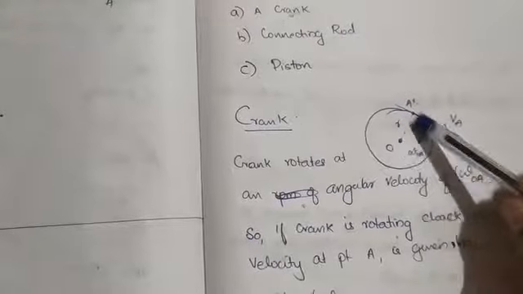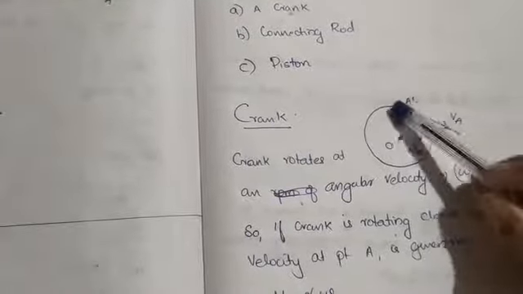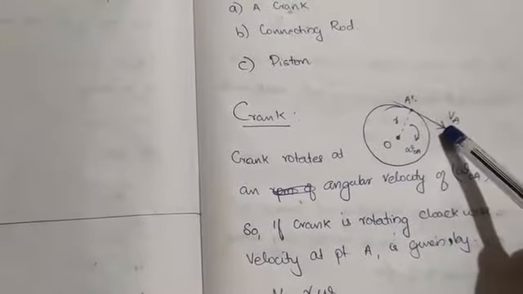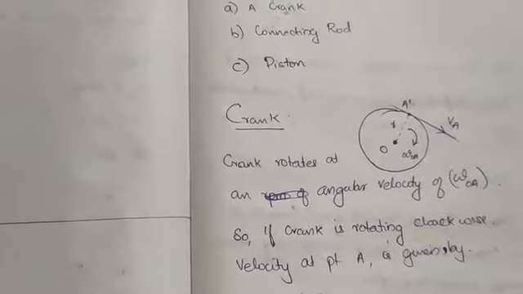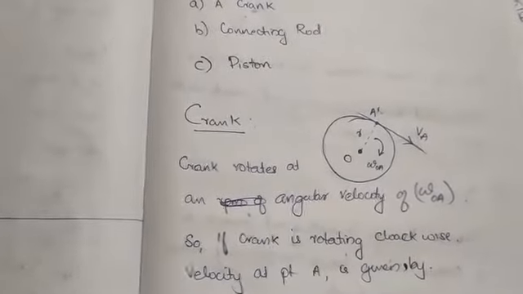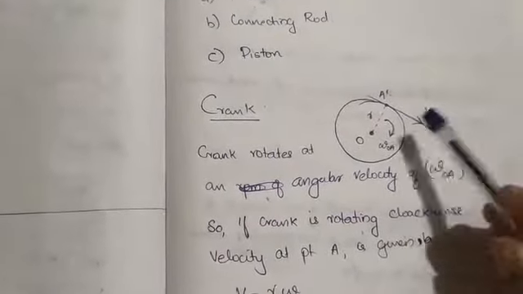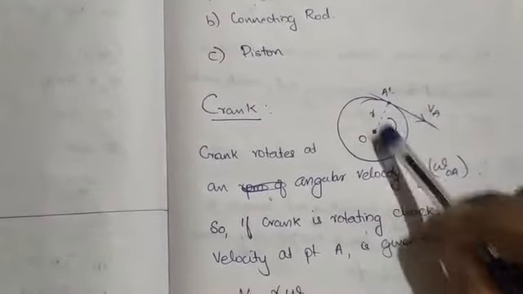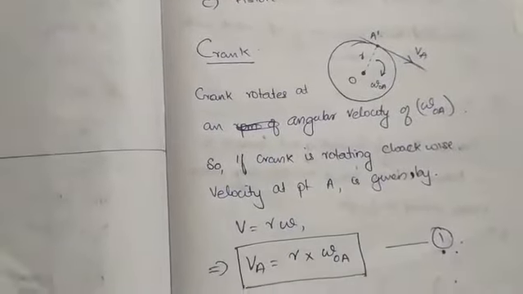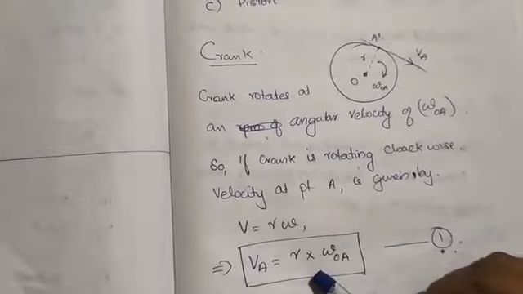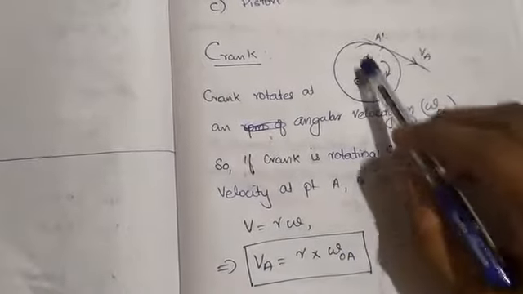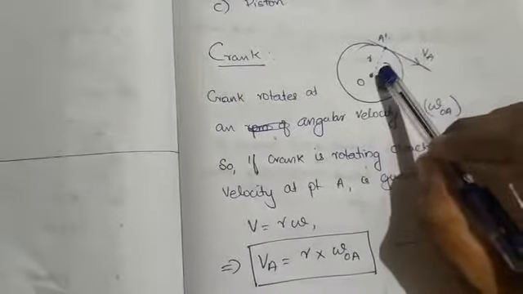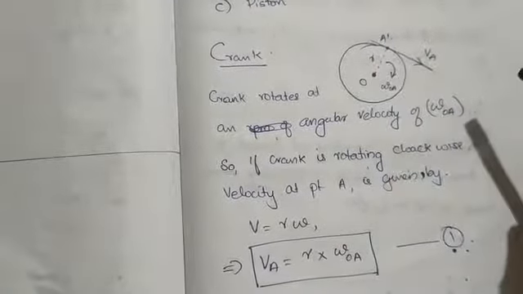If you draw a tangent, this is pure rotation, and this is the velocity of point A, right? For pure rotation, the velocity at that point is given as r into omega OA. So r into omega OA will be the velocity at point A.